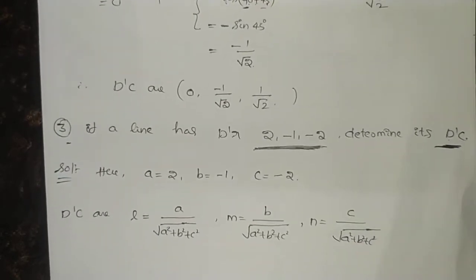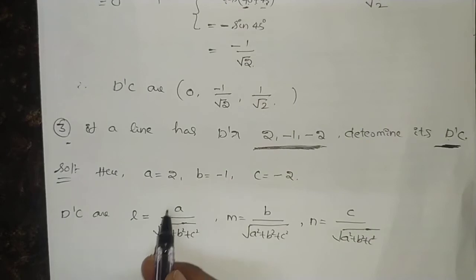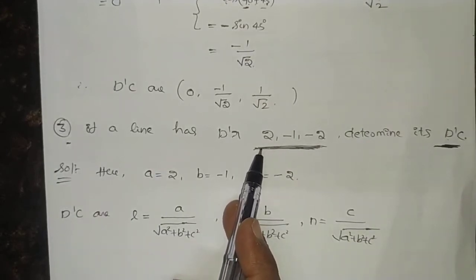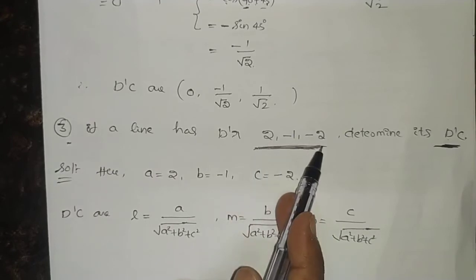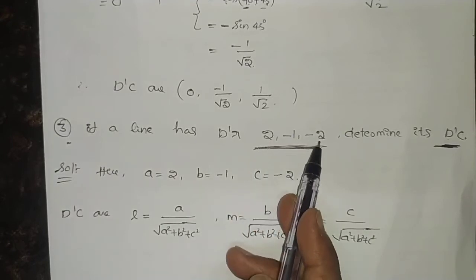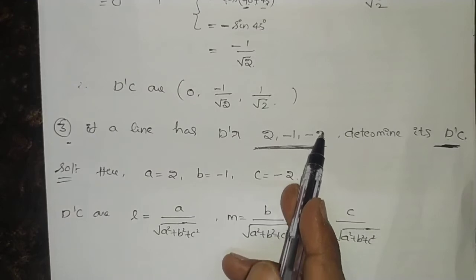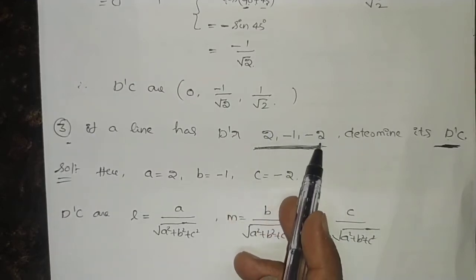In our previous class, in the formula, I told you plus or minus. Here we are going to find the direction cosines for the direction ratios 2, -1, -2.